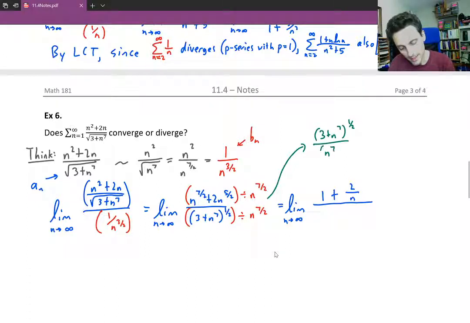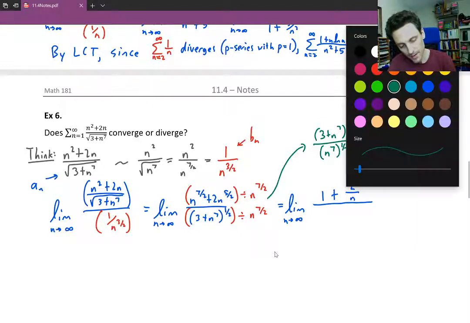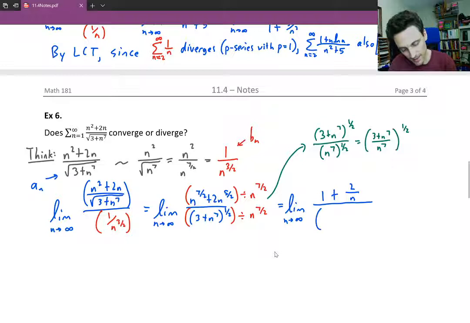I'm going to write n to the 7 halves as n to the 7 to the half power. Now we can see that we can bring this all into a single half power. It's going to be 3 plus n to the 7 over n to the 7. But that we can write as 3 over n to the 7 plus 1, to the 1/2.